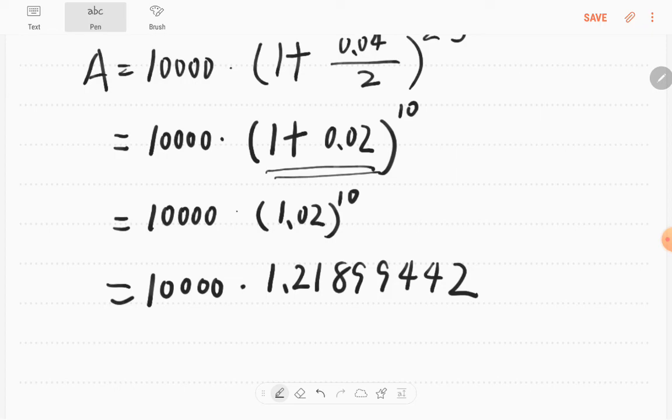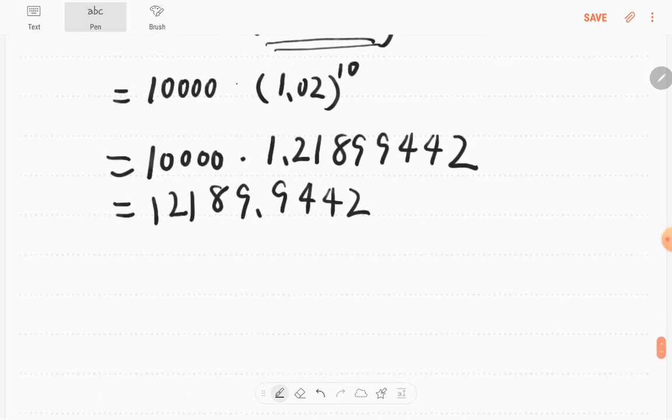So then you multiply by 10,000. Then you will have 12189.9442 dollars. But in general, for money, we will keep 2 decimals because we use the cents, right?